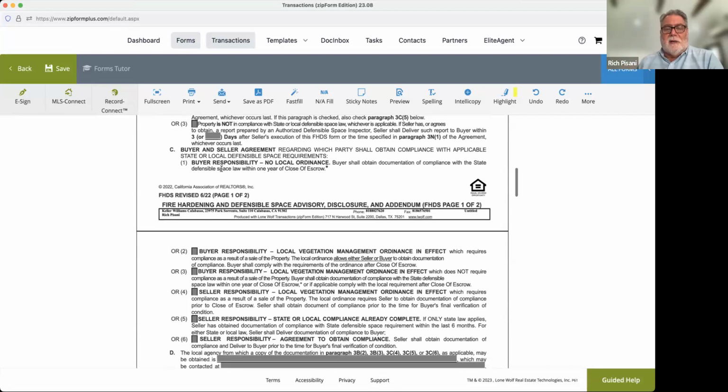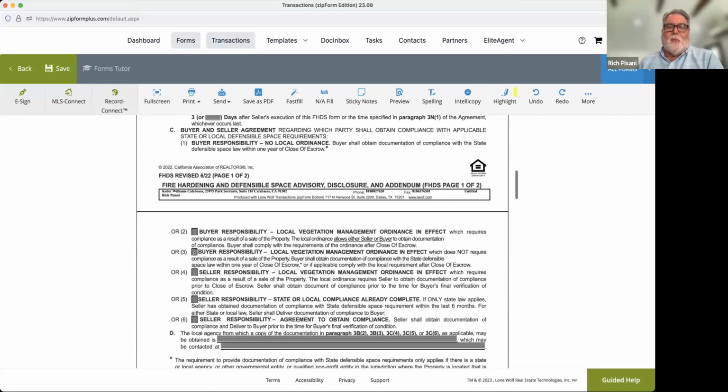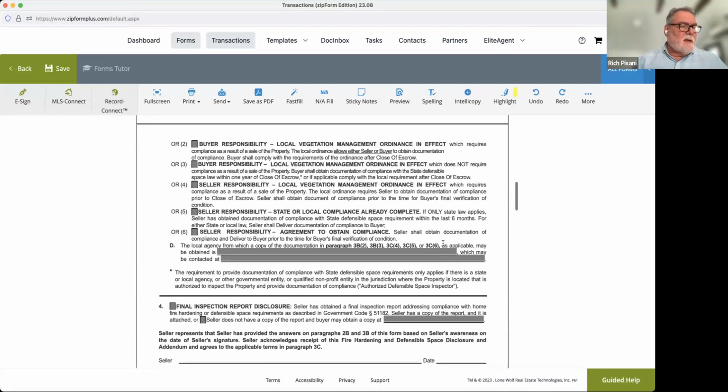If there is a local ordinance, then you're going to check 3, fire responsibility, local vegetation management ordinance in effect, which does not require compliance as a result of the sale of the property, because it is not a requirement in Southern California to get this at point of sale. If they do get a report, it's good for 6 months.